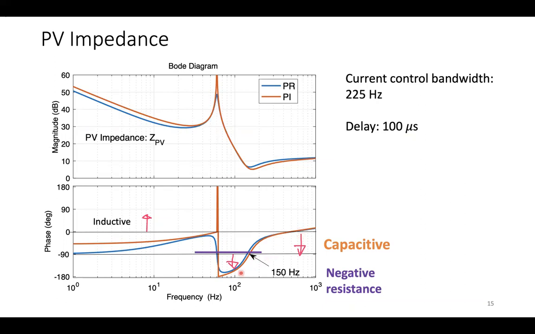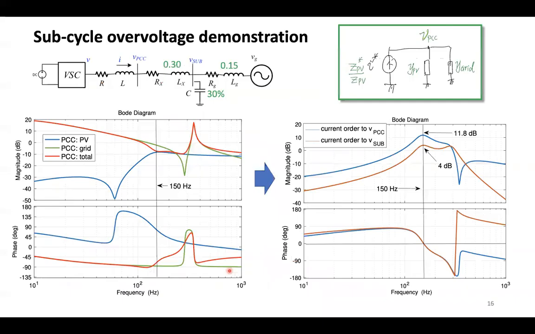This is all capacitive. And from 150 hertz on, this is both capacitive and has negative resistance. So that's the PV impedance. That's the construction to show this. With that, let's show the overall calculation, again looking at the current order to the PCC voltage.